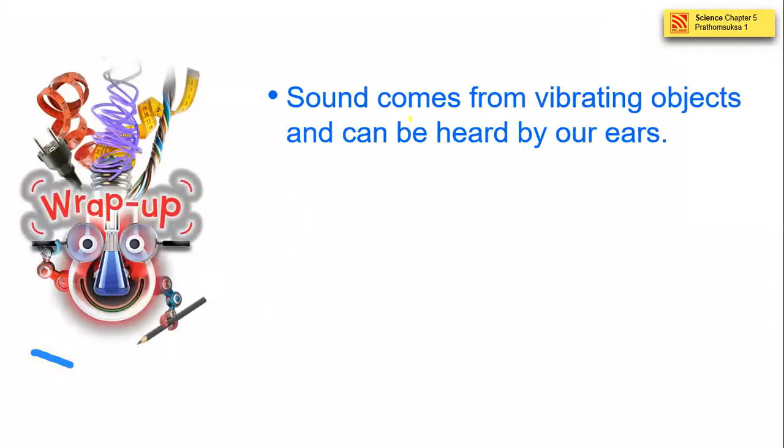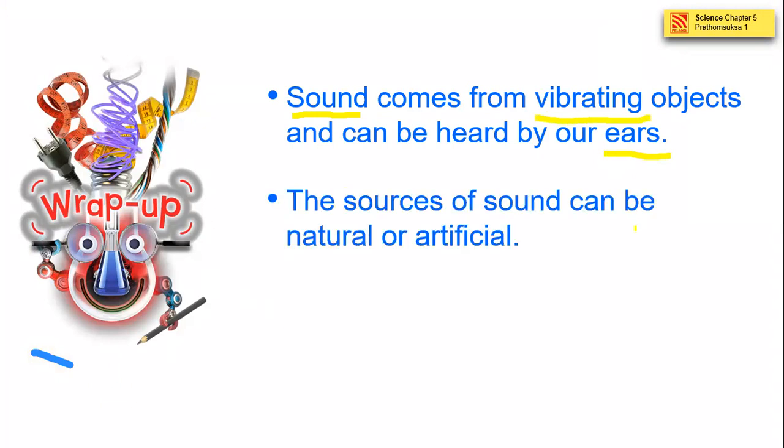So let's remember what we've learned. Sound comes from vibrating, and we use our ears to hear it. The sources of sound are natural, for people, animals, or artificial, like for cars or for musical instruments, or telephones, or televisions.